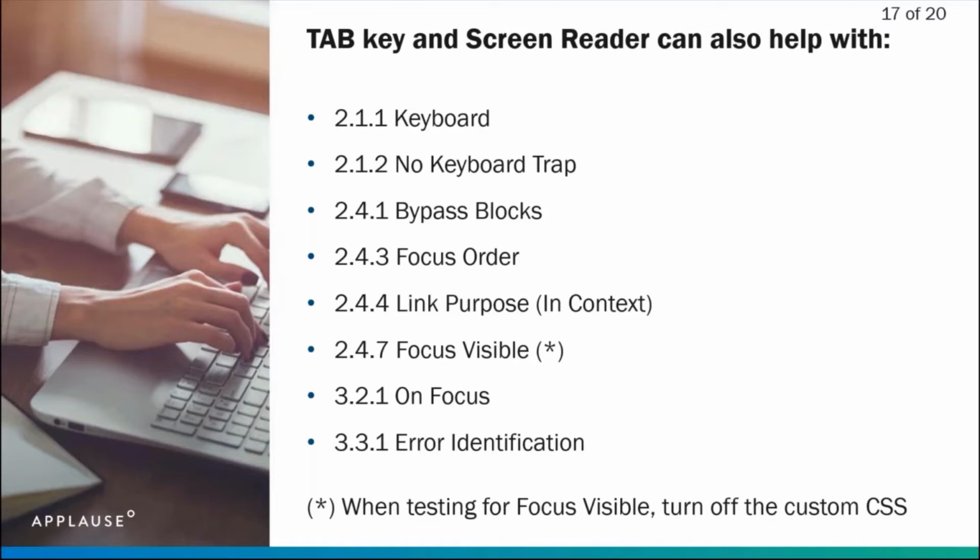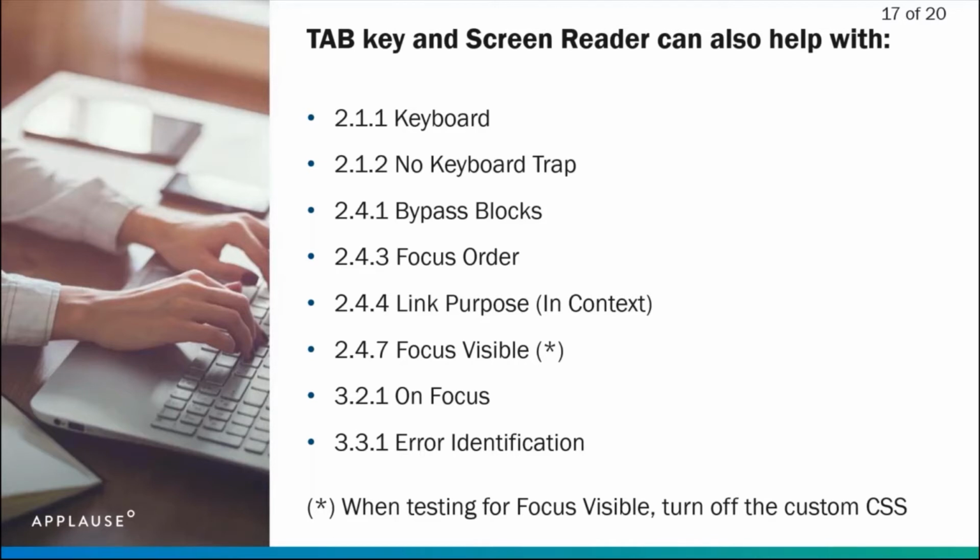But if your custom style sheet is turned on and your focus disappears, then that is a 2.4.7 issue, even though you have your custom style sheet turned on. And it's also an indicator if there's an element on the page that got pushed off the page, maybe through the X coordinate, or opacity set to 0, that it's kind of fakey hidden. Anyway, we'll talk about it in a second.